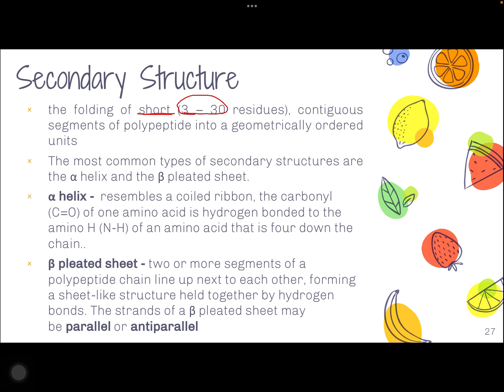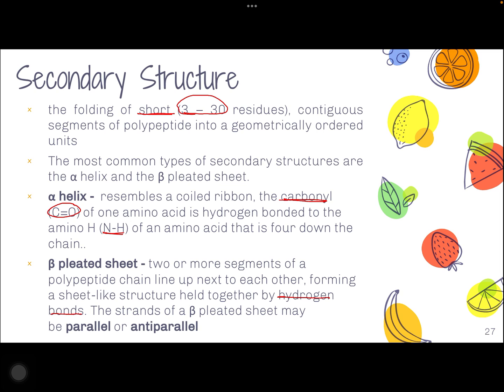An alpha helix resembles a coiled ribbon, and the carbonyl, the C double bond O, of one amino acid is hydrogen bonded to the amino hydrogen, or the NH, of an amino acid that is 4 down the chain. Your beta pleated sheet is 2 or more segments of a polypeptide chain lined up next to each other, forming a sheet-like structure held together by hydrogen bonds.